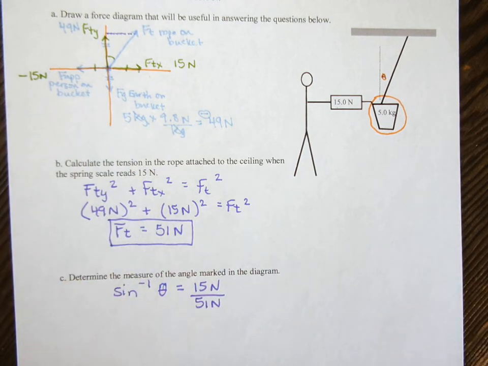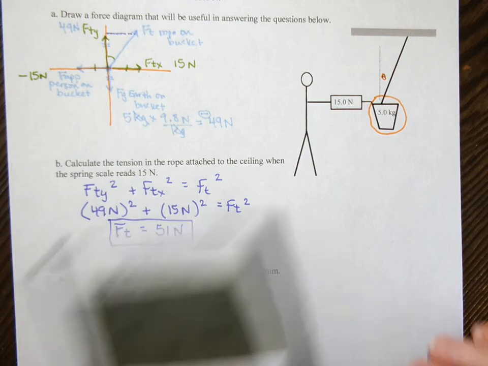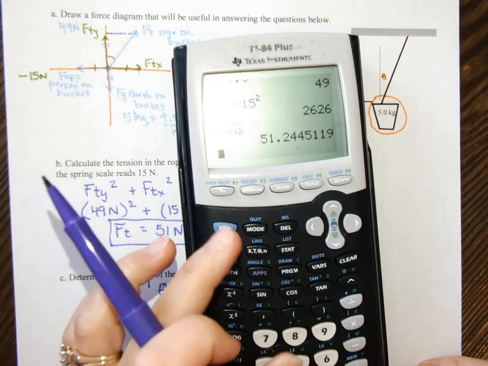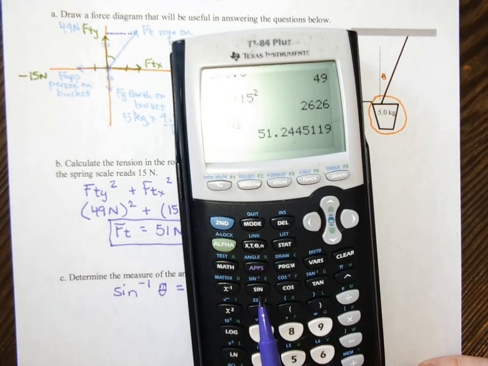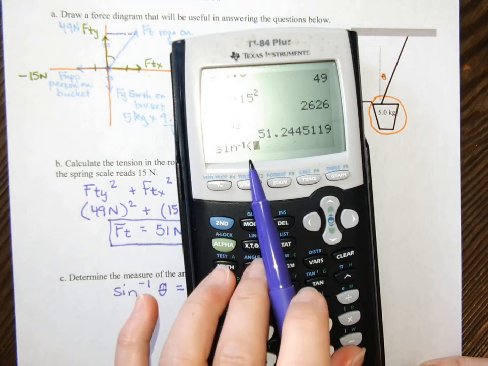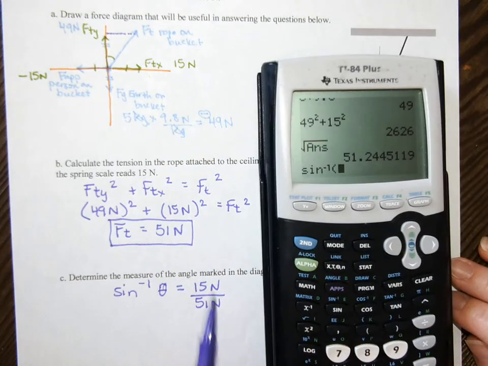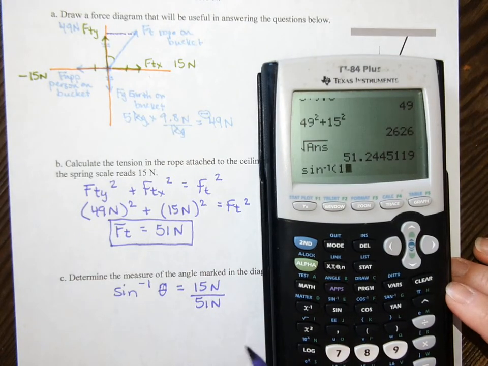In your calculator, you're going to do the second function and then sine. Here, I'll show you again. If you hit the second function button and then sine right here, you'll get sine to the -1. It's waiting for you to put in the values. So I'm going to type in the 15 divided by 51.